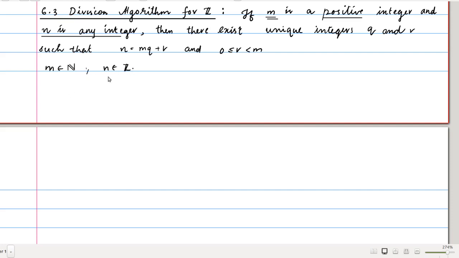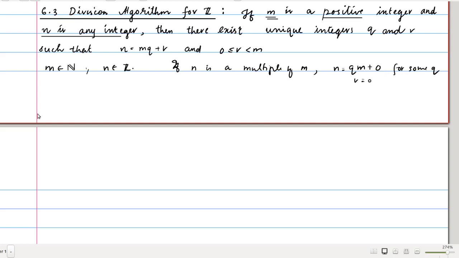Then if this N is a multiple of M, you can write N equal to QM plus 0 for some Q, and take R equal to 0.